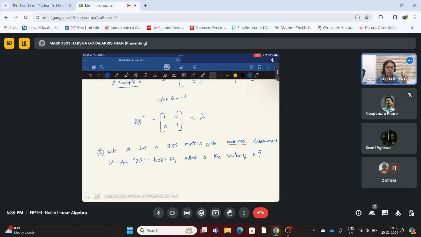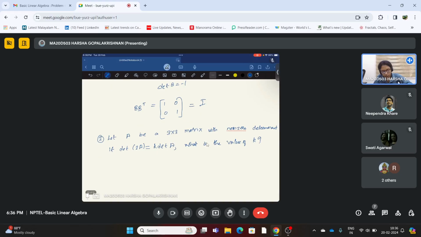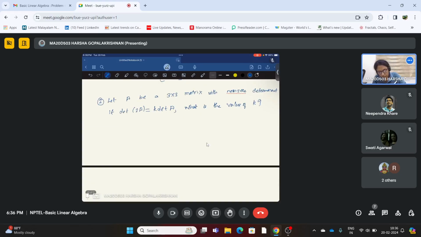Okay. So, if one row is multiplied with one constant, the determinant is multiplied by it while finding the determinant. For example, if B is a matrix such that A, B, C, D, E, F, G, H, I, something like this. And my B dash is a matrix such that I am multiplying the first row with K: KA, KB, KC.